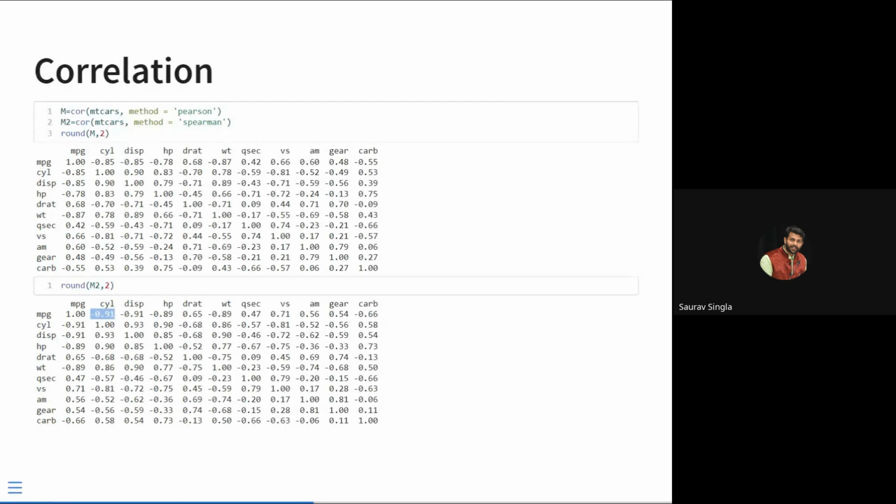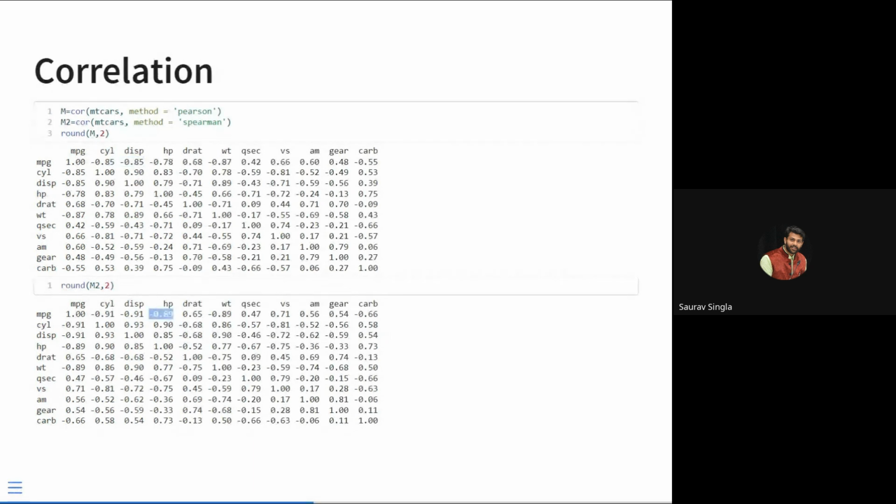Similarly, the VS correlation with MPG is 0.66 here, but it is 0.71 in this case. Okay, this is 0.91. This also is 0.91. Here it is 0.85 only.